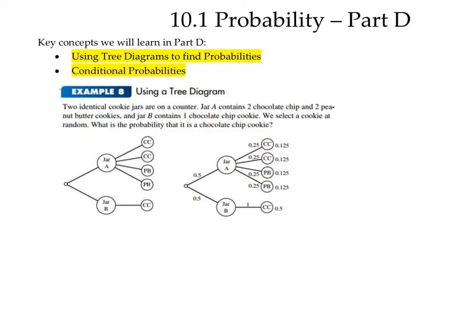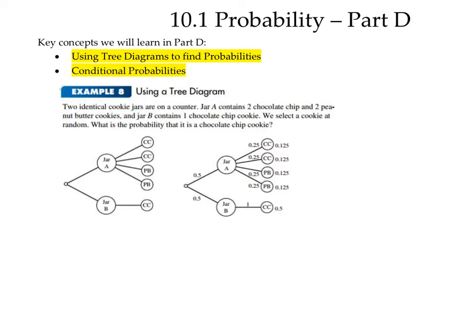Since there is a 1/2 chance of choosing jar A and a 1/4 chance of choosing the first chocolate chip cookie, the probability of that pair of events, choosing jar A and then choosing the first chocolate chip cookie, is obtained by multiplying 1/2 times 1/4 to get 1/8 or 0.125.